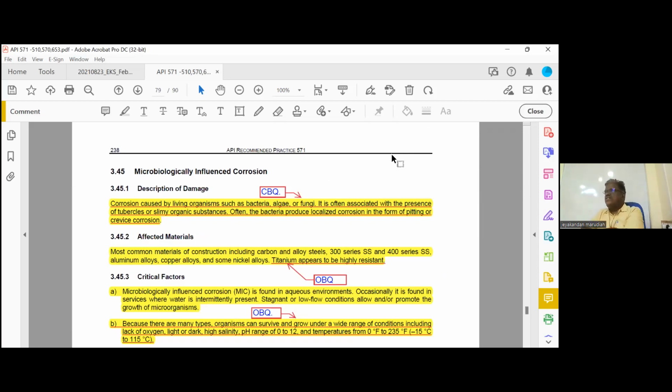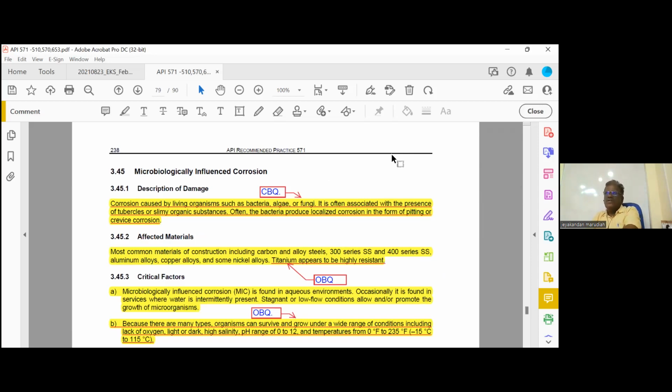See, if water is flowing or water is stagnant, which will corrode more? Stagnant water. So MIC is caused by stagnant water. Where will water be stagnant? Generally at a storage tank bottom, where there will be a water phase, or in a heat exchanger if the velocity is very low.